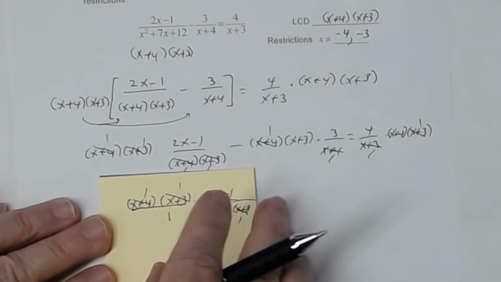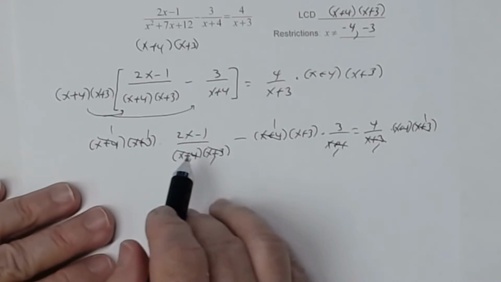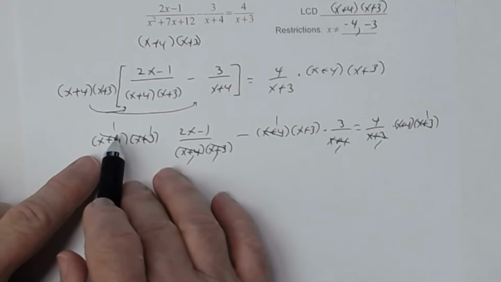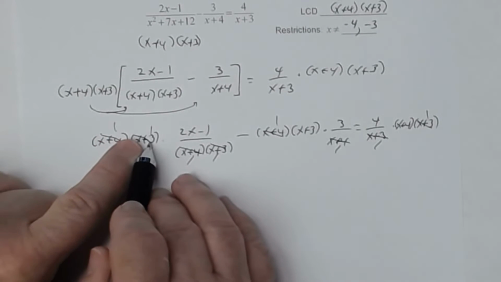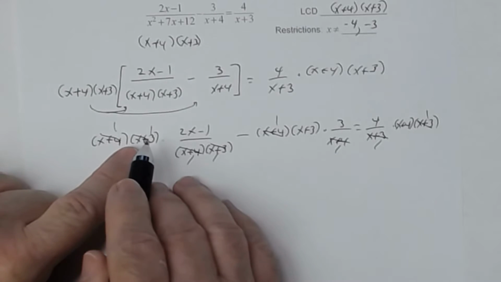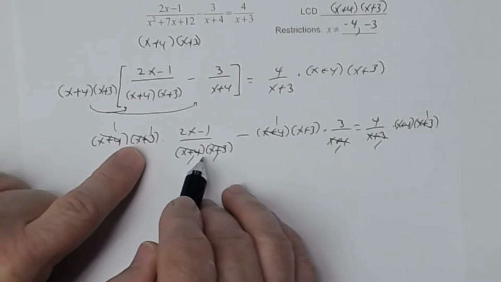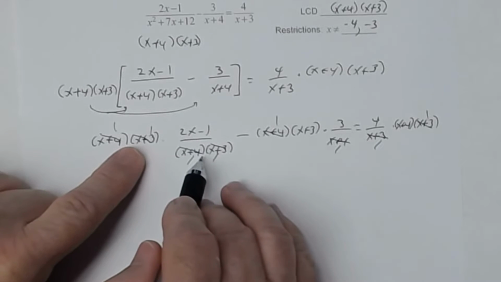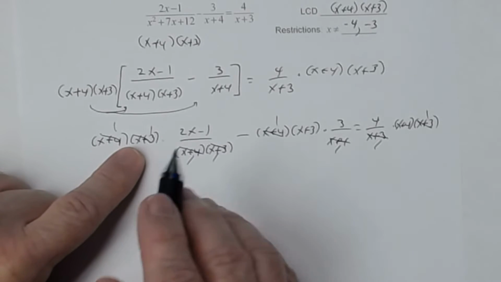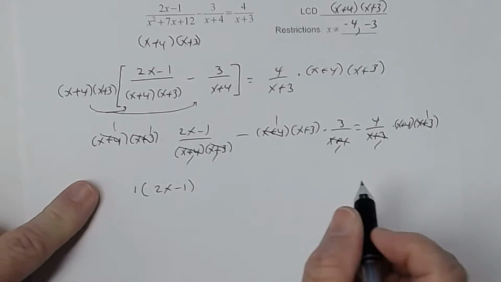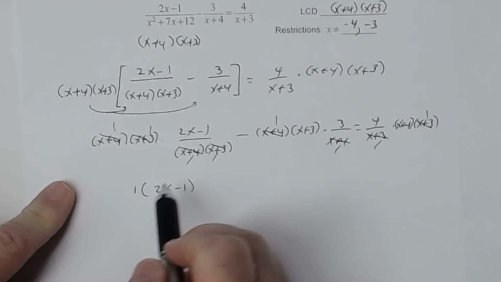Okay? All right. Now, the way you want to write the next step, you've got to be careful. So you're going to say 1 times 1 is 1. Now, 2x minus 1 divided by this product, 1 times 1 is 1. So 2x minus 1 divided by 1 is itself, 2x minus 1. So I get 1 times 2x minus 1. 1 times 1 is 1.